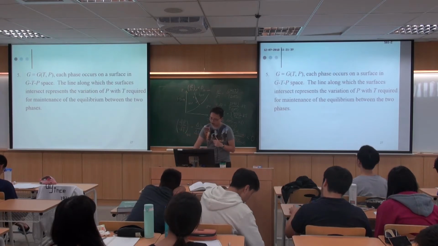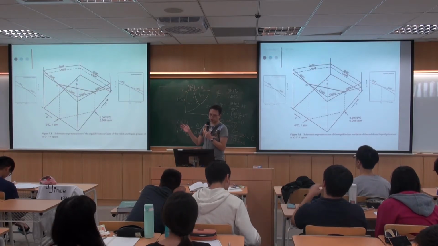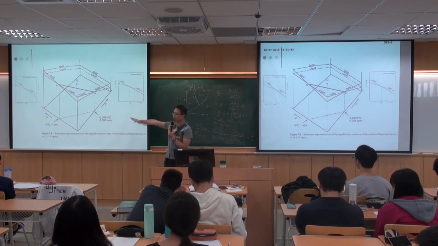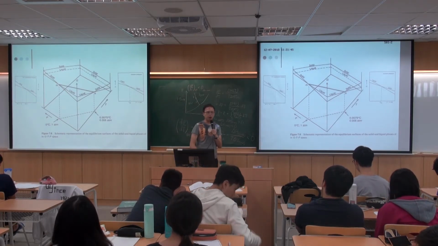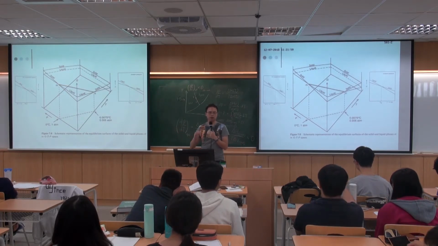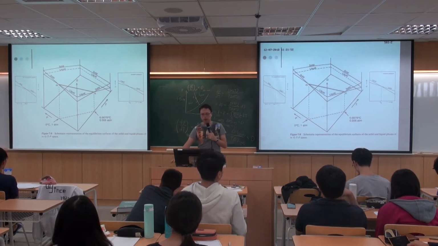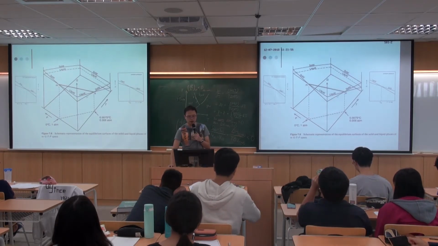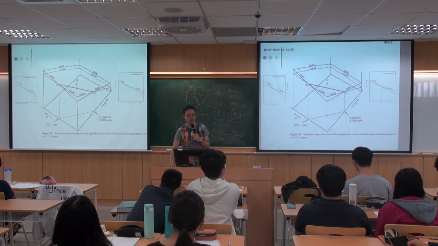So if you look in the textbook, you see this kind of plot that you have temperature and pressure, and the Gibbs free energy is a kind of surface. Okay, it's a two-dimensional surface, and in this case, you'll see that this solid line represents the boundary of the solid phase. This is the Gibbs free energy of the solid phase.